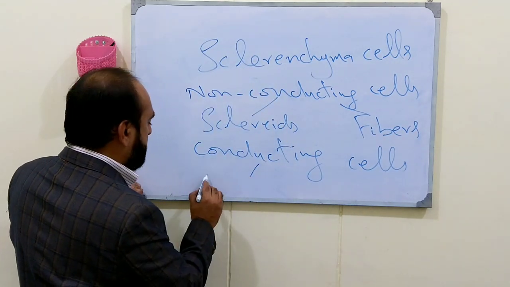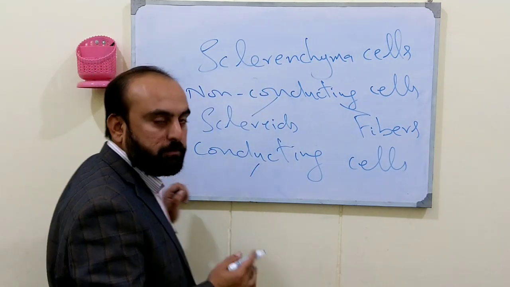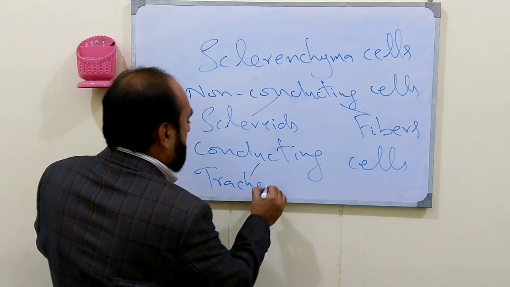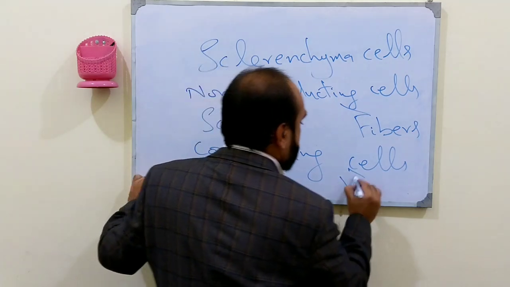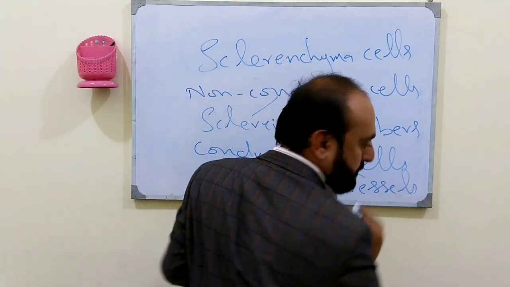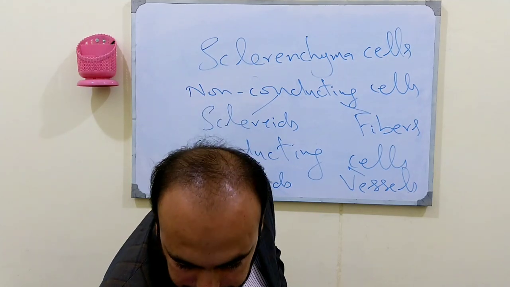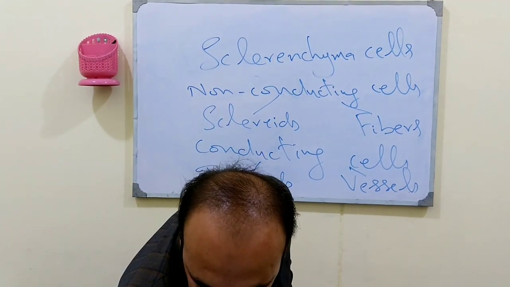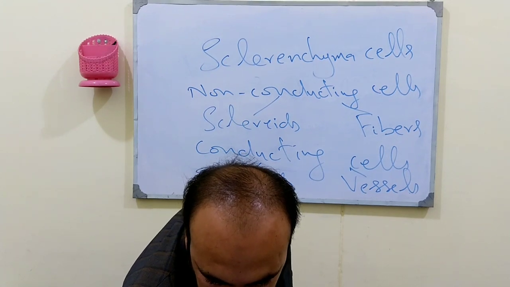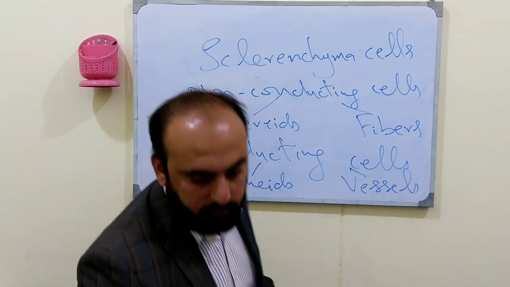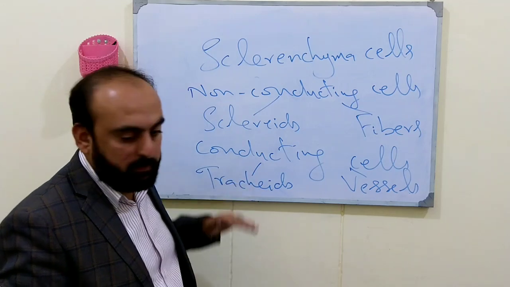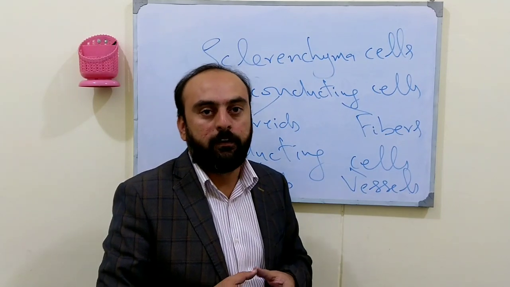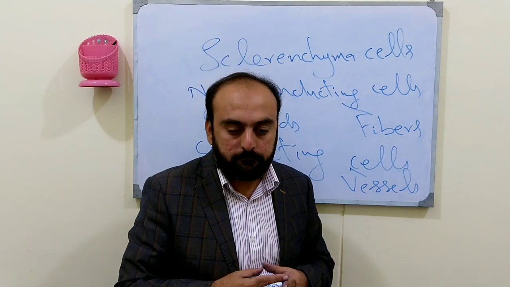The conducting cells, also called tracheary elements, consist of tracheids and vessels. If we talk about tracheids and vessels, these tracheids have a smaller diameter, whereas vessels have a broader diameter.